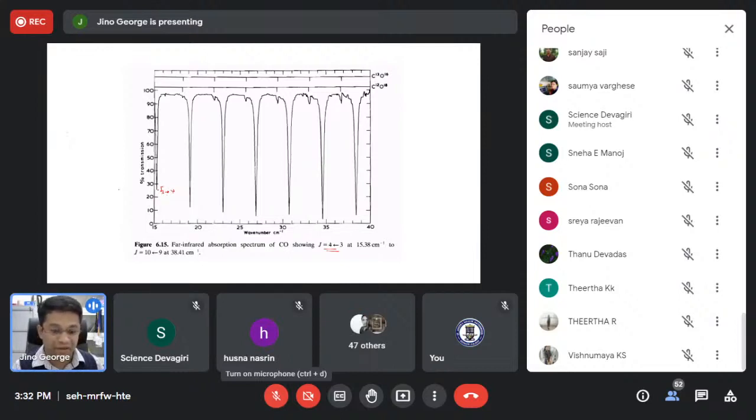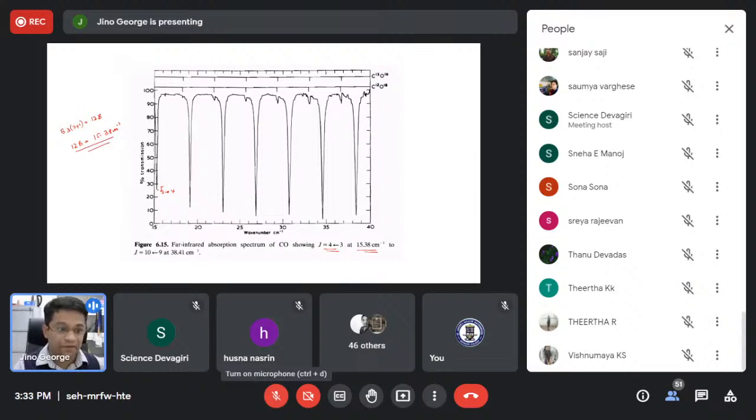So what do we mean by J equal to 3? When you calculate the energy, it will be B into 3 into 3 plus 1, right? J into J plus 1. That's equivalent to 3 into 4, that's 12B, right? That means 12B is equivalent to this value, which is 15.38 centimeter inverse.